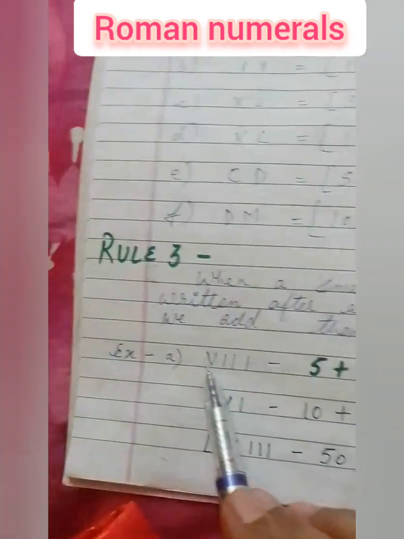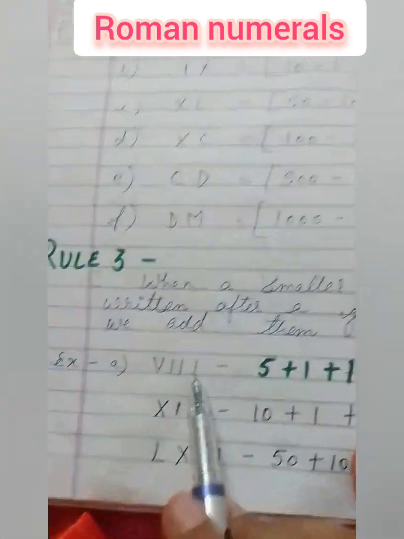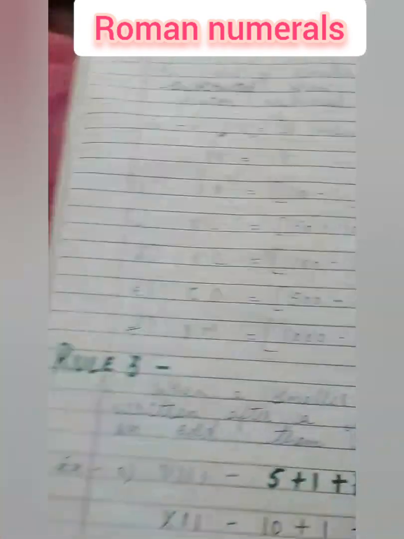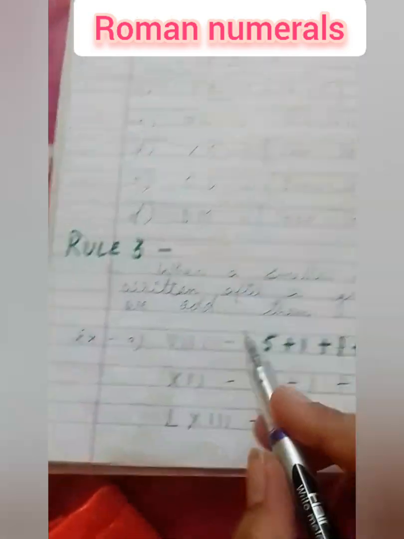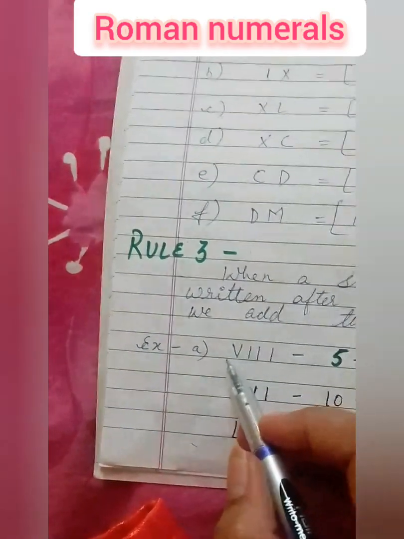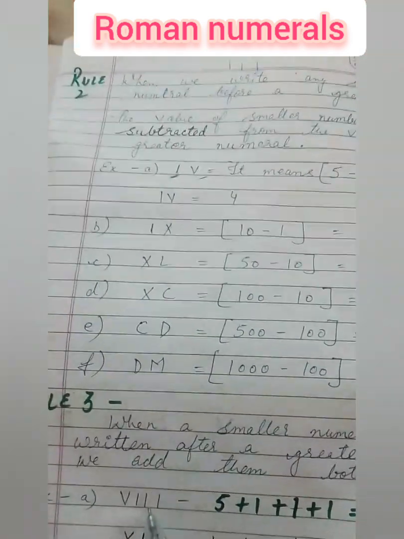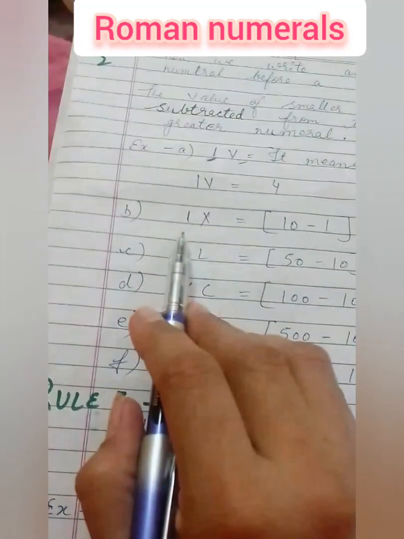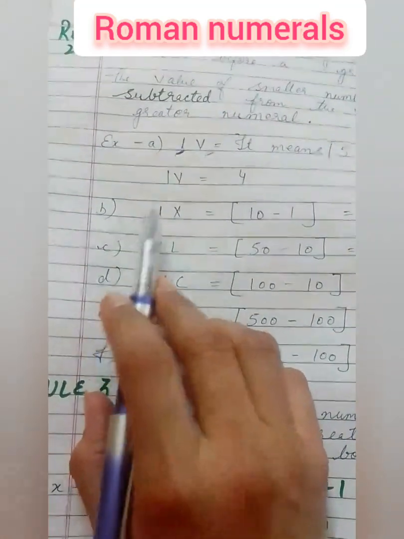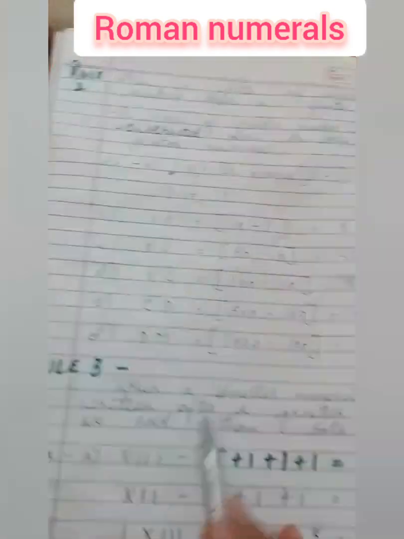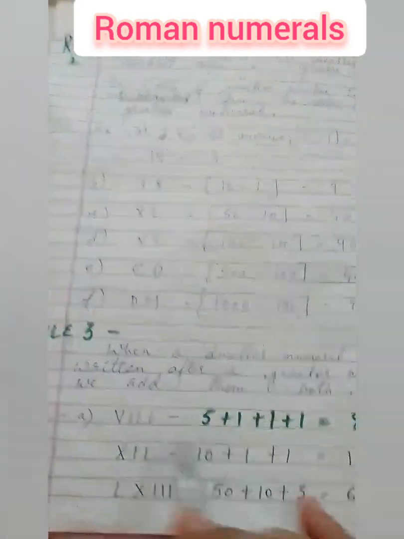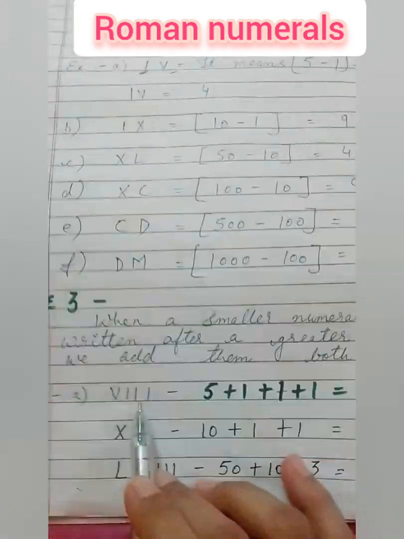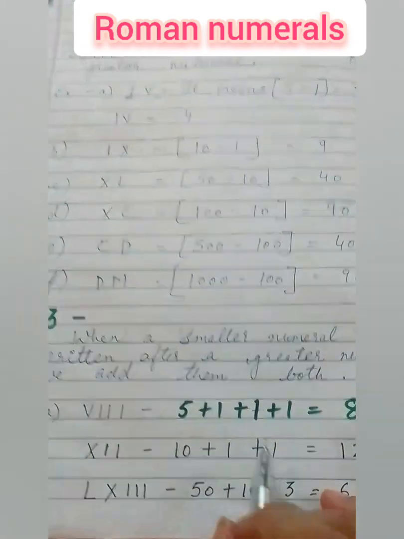So here is V and 3 times I becomes 8. When a smaller number is written after a greater number, here we write it on the right side, whereas before we wrote it on the left side. In rule number 2 we learned that when we write a smaller numeral on the left side of a numeral, the number will be subtracted. When the smaller numeral is written after the greater numeral, it means we are adding that numeral.